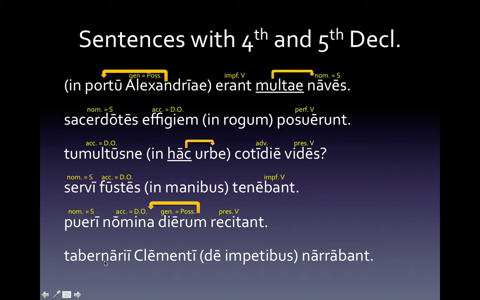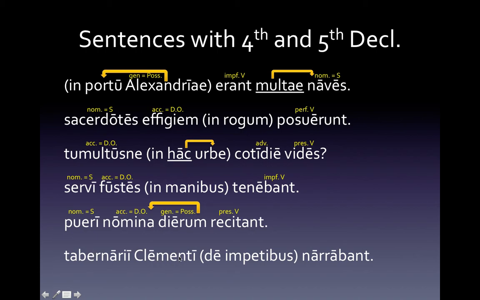All right, last one we're going to do for this, "Tabernarii clementi de impedibus narabant." So the tabernarii, this accented I, again, it's from the second declension, so it can be two different things. It could be nominative plural, it could be genitive singular. We look at our verb, it is plural, so most likely this is our subject.